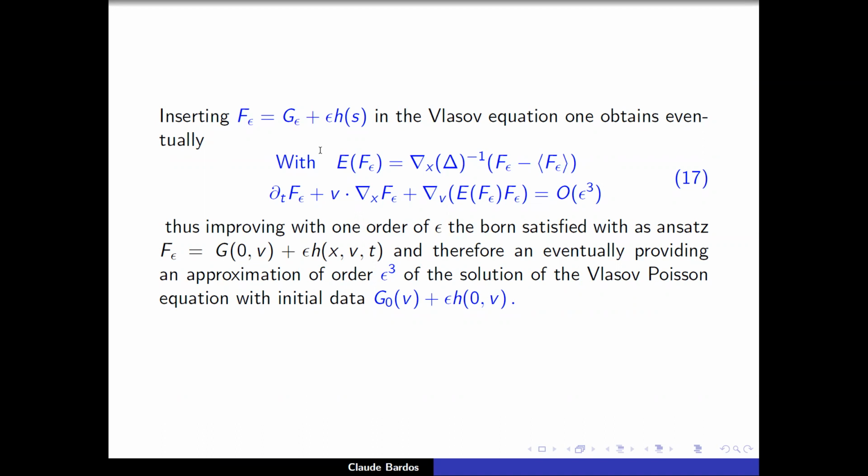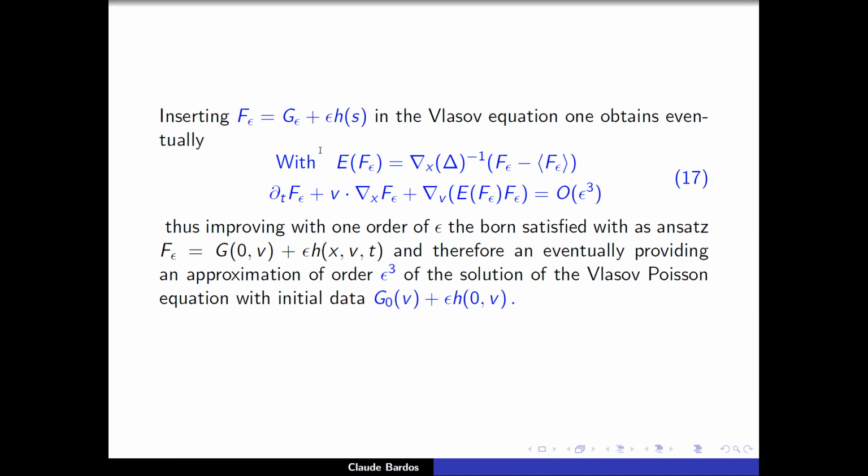Turn the crank, and I just observe that instead of having an epsilon square, I have increased the error by an epsilon order of epsilon 3. So in some sense, I gain one degree of approximation in epsilon in the approximation of the equation.